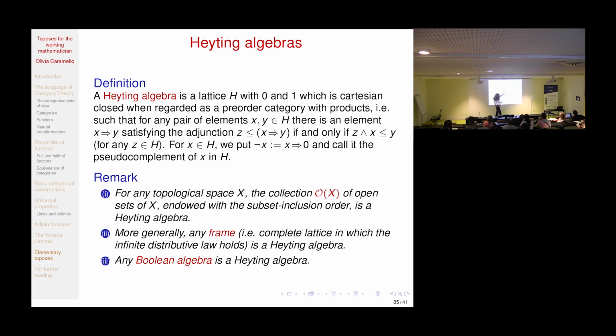What is this operation in that case? Well, if you have U and V open sets, U implies V is the union of all the open sets W such that W intersected with U is contained in V.